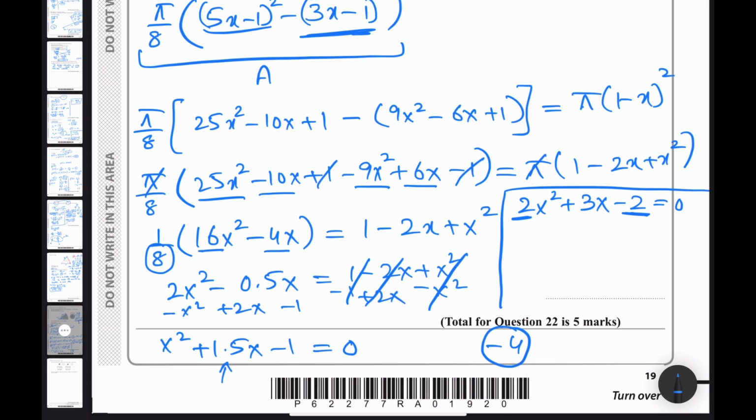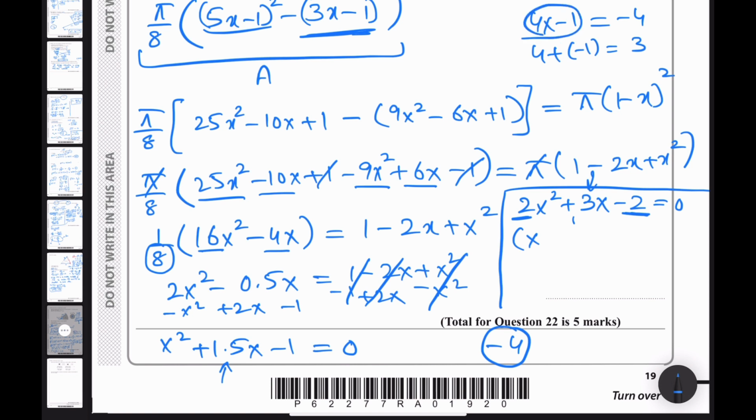So it'll be like positive 4 and negative 1, because 4 times negative 1 will be equal to negative 4, and 4 plus negative 1 will be equal to positive 3. That's the middle number. So the factors are 4 and negative 1.